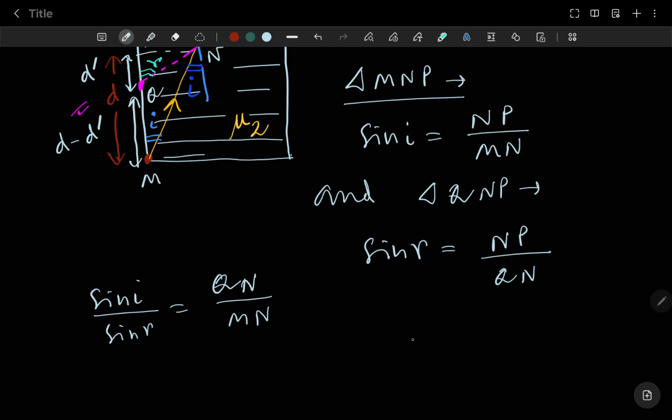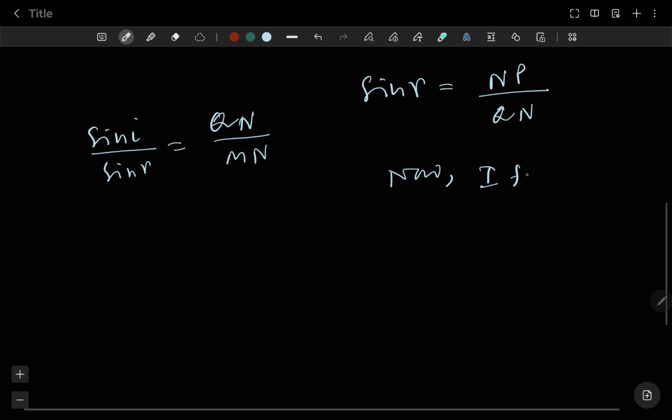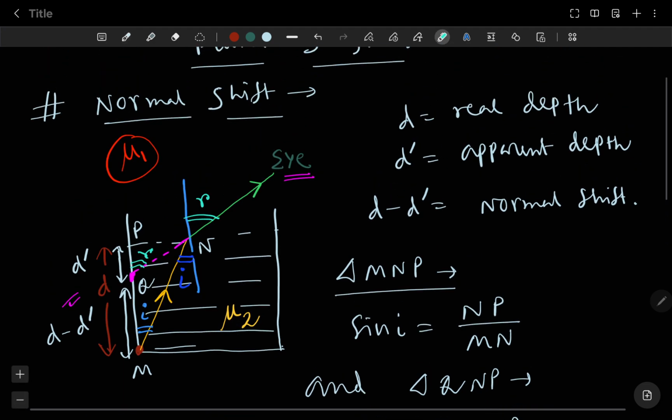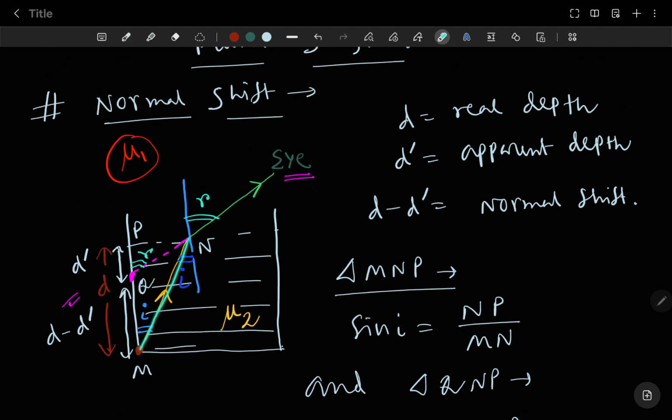Now see, if the light ray is not very oblique, that means, observe carefully, this is the light ray. Okay, so if the light ray is not very oblique, that means it is like coming like this. Okay, almost directly above the object. Okay, that means when we observe an object, the eye is not like this, na.